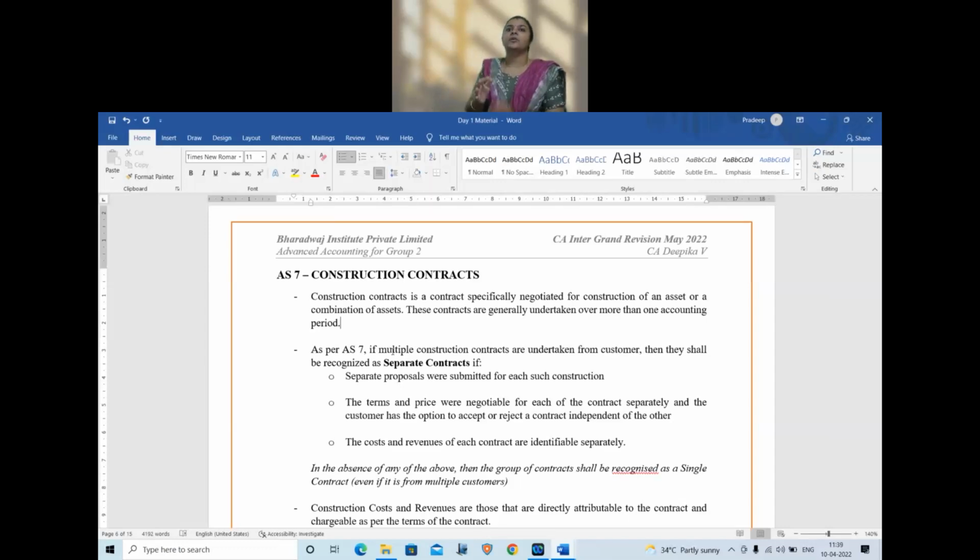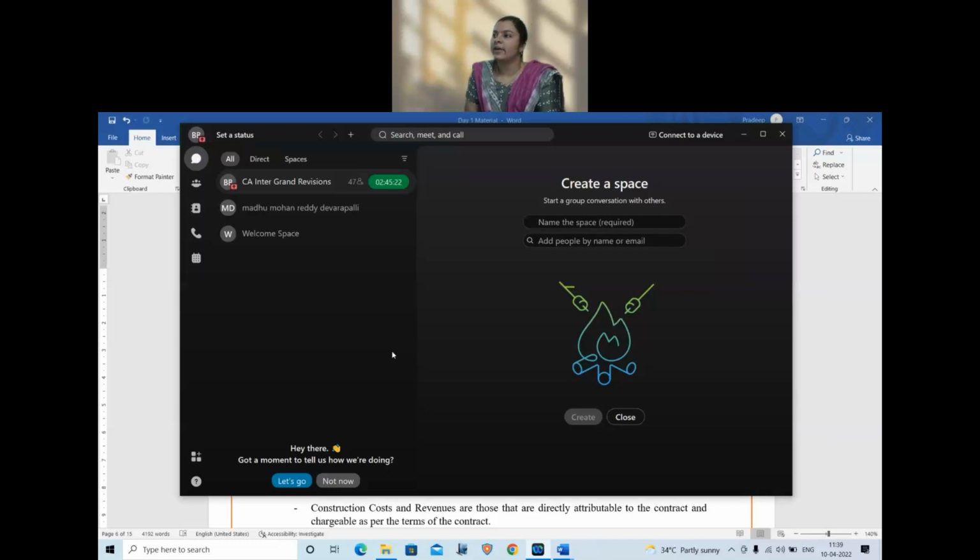Third, you can identify the cost incurred for each particular contract individually, and the cost and revenues can be identified. So 3 rules: separate proposals; separate negotiating capacity, where the customer has the option to accept or reject independently; and cost and revenue should be independently identifiable.